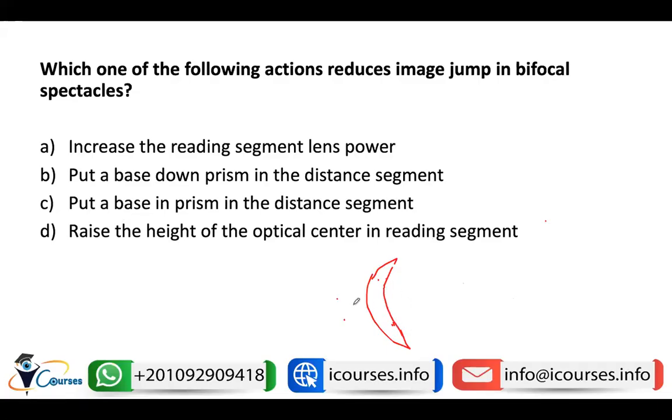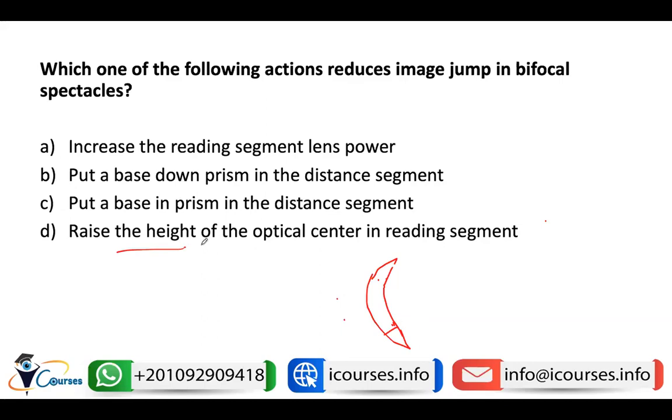This is like the plus lens, and here is the reading segment, which is a base up. So what happens when you add another... Exactly.